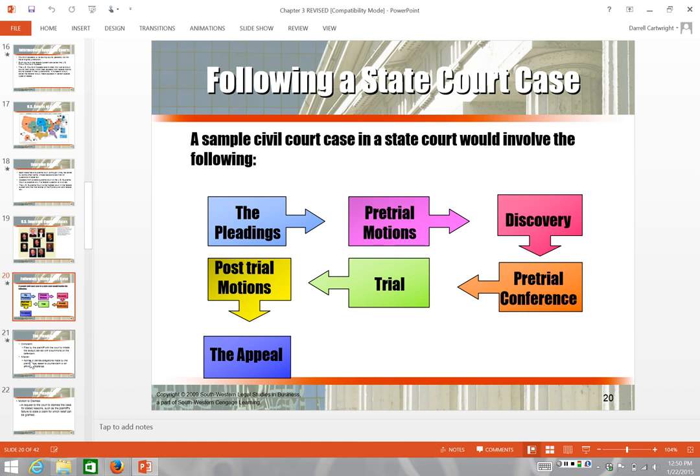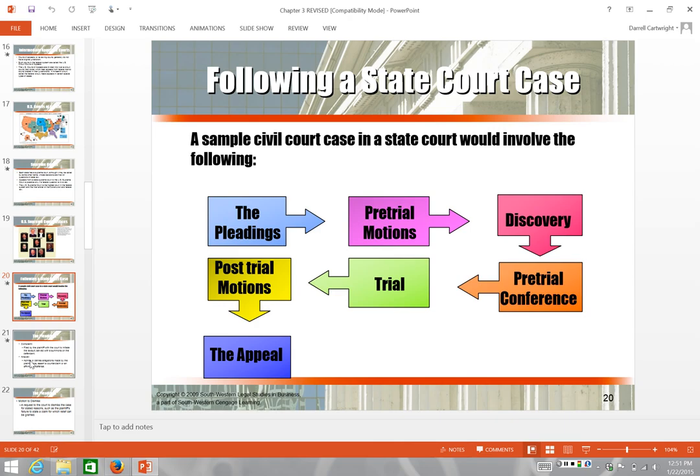Eventually, a pretrial conference takes place, at which point both sides meet with the judge and a discussion is had of certain matters related to the trial. The trial takes place, certain post-trial motions may occur, and then an appeal may or may not be lodged, depending upon whether or not grounds for an appeal exist.